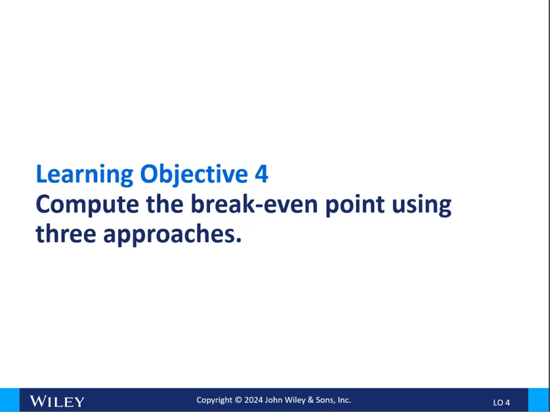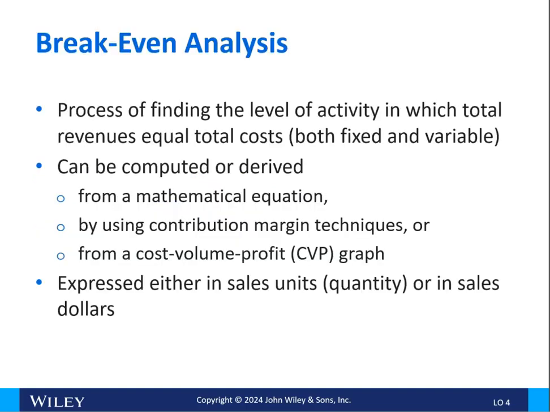Now we're going to compute the break-even point using three approaches. Break-even analysis is the process of finding the level of activity at which total revenues equal total costs. And we'll talk about total costs, where it's both fixed and variable.